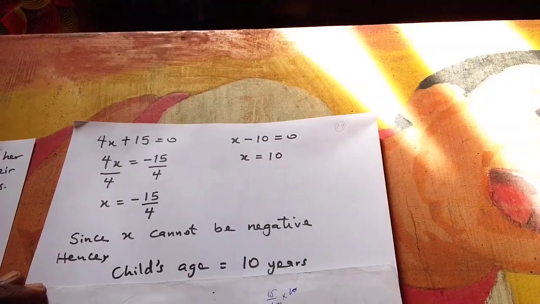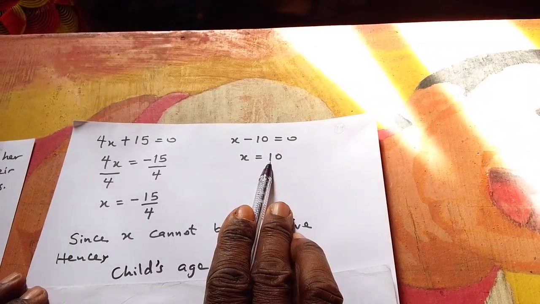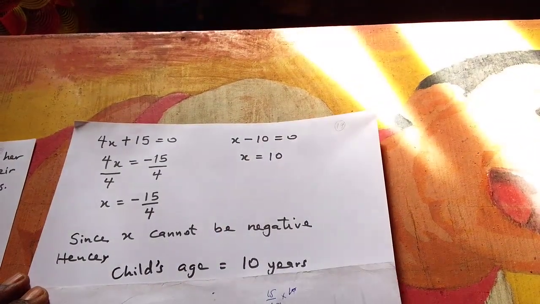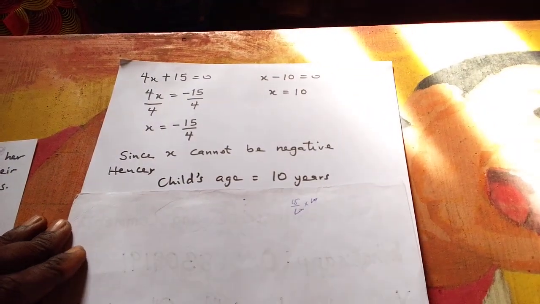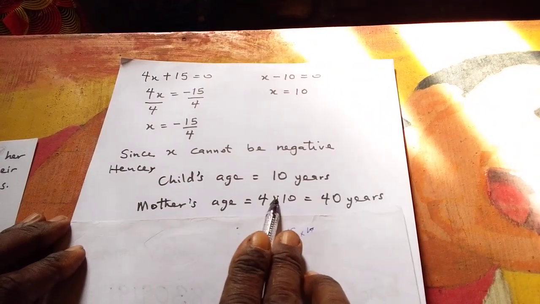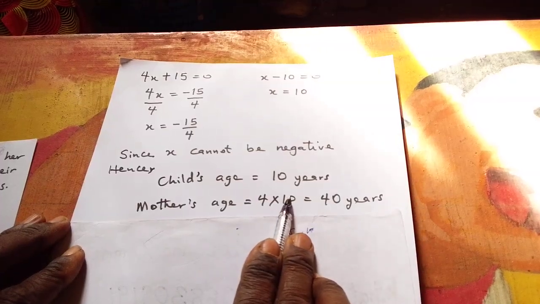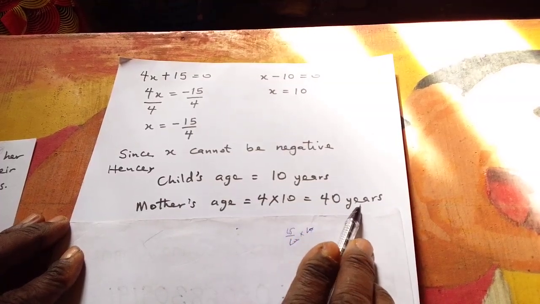So the only reasonable answer here is 10 years. So the child's age presently is 10 years. So the mother's age will be 4x, which is 4 times 10, which will give us 40 years.